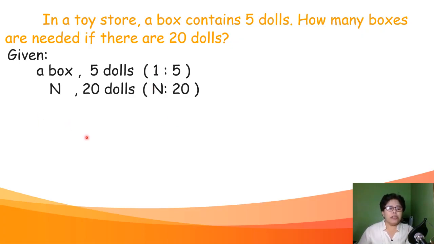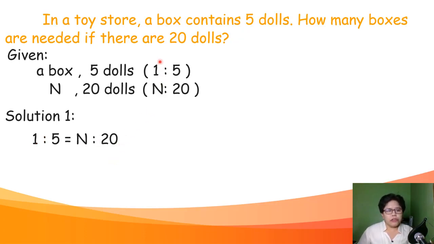Kasi, gagawin na natin ang ating solution and gagamitin natin yung properties ng proportion. So, equate natin. A proportion is made up of two equal ratios. Since equal tong dalawa, equate natin. So, you have here 1 is to 5 is equal to n is to 20.